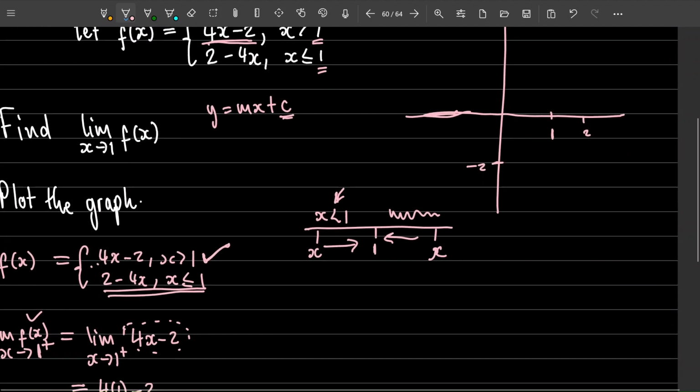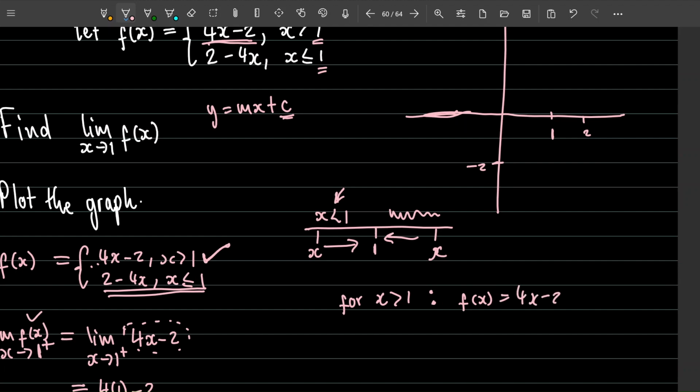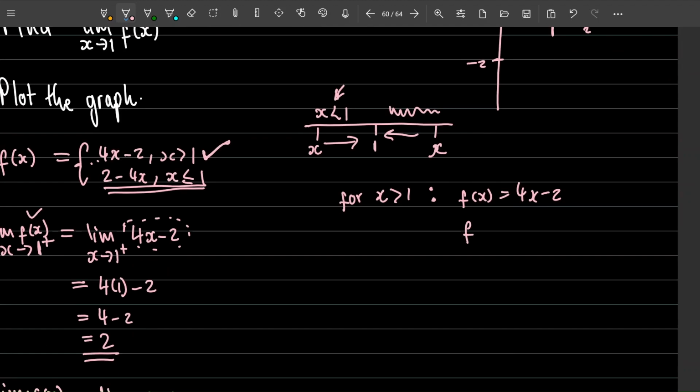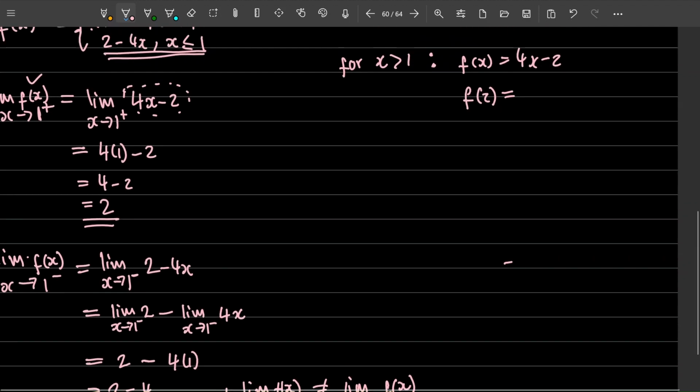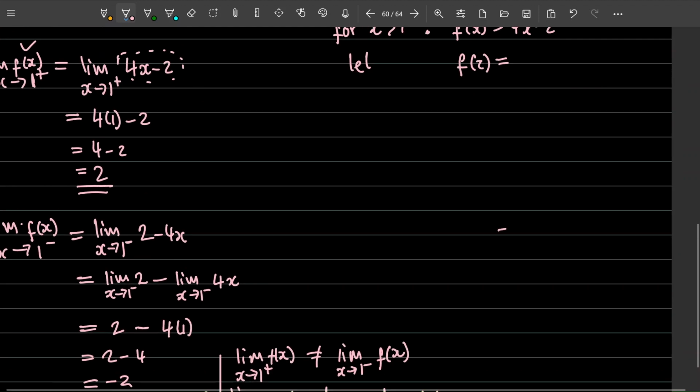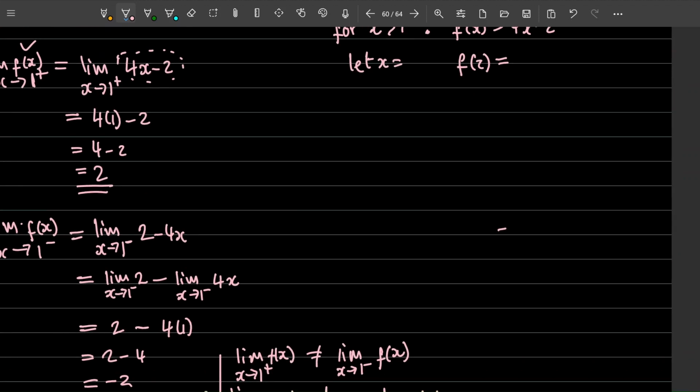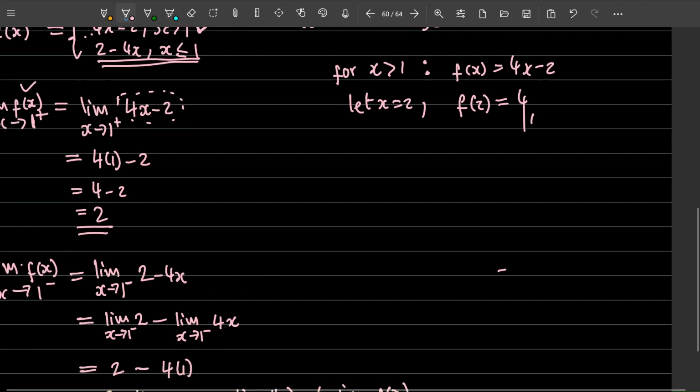You'd say f of x is equal to 4x minus 2 for x greater than 1. Say f of 2 is equal to, you're letting x be equal to 2. That means wherever there's x, you're now putting 2. It'll be 4 by 2, then minus 2.